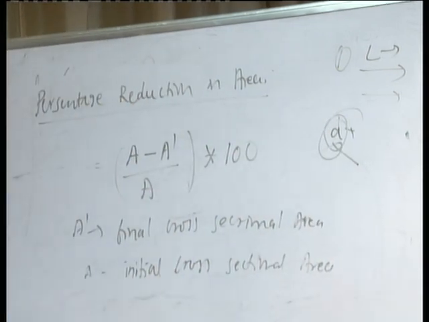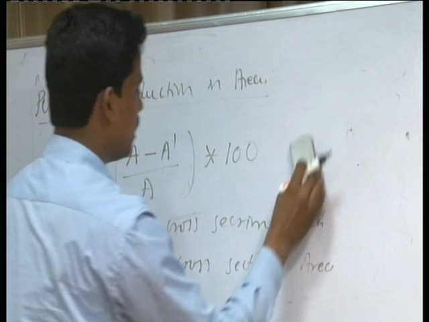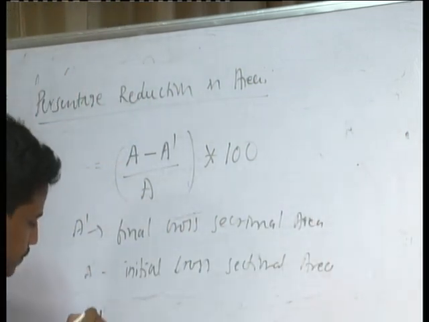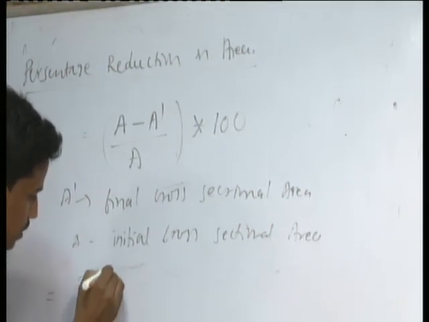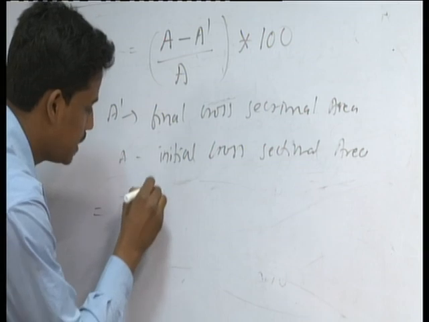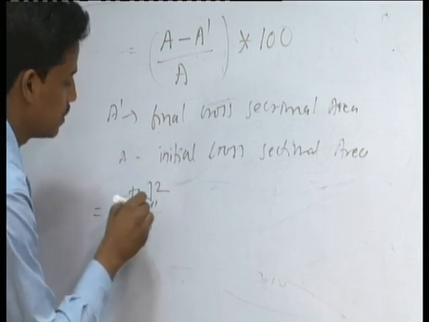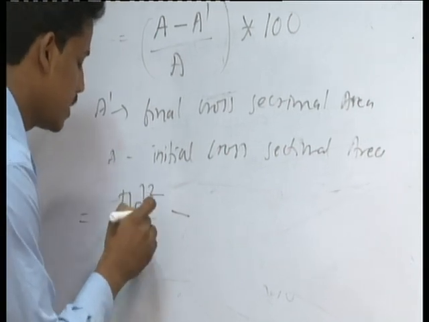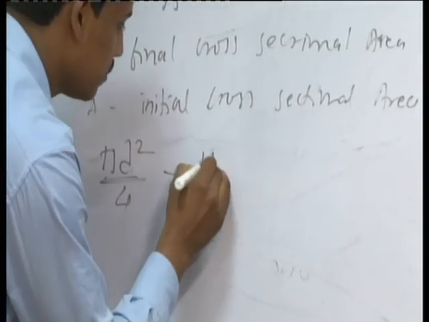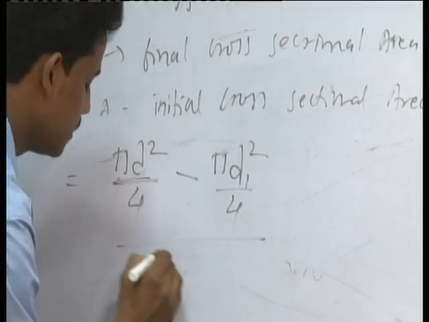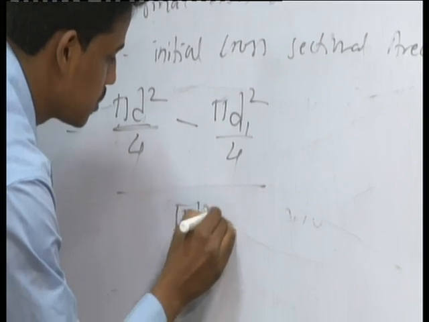That means the area will be reduced. So here we have to calculate the difference in area. That means the initial area is pi d square by 4, and the final area is pi d1 square by 4, so the reduction is pi d square by 4 minus pi d1 square by 4, divided by pi d square by 4.